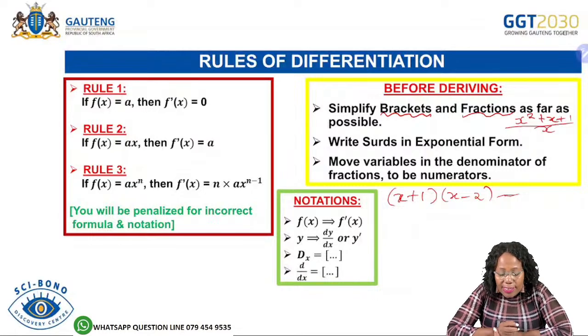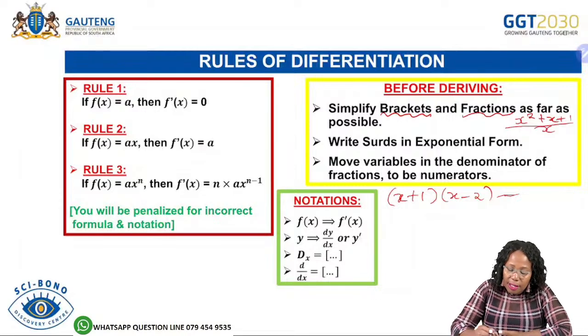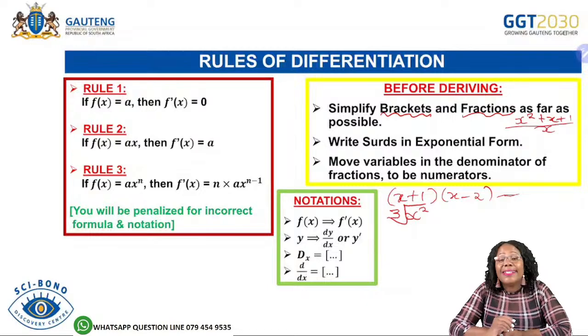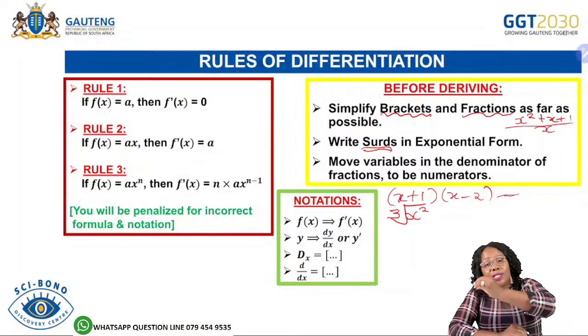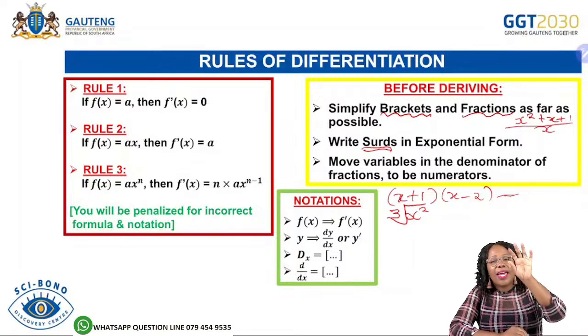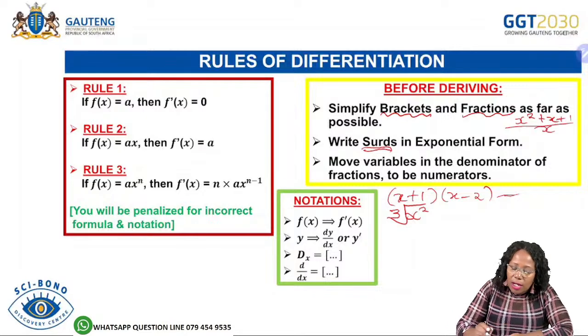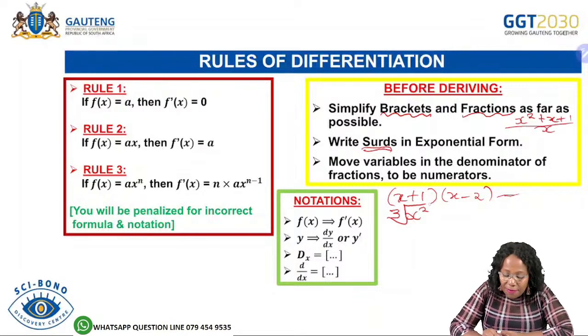The next one says write surds in exponential form. For example, if I'm having the cube root of x squared here, I can't derive this because it's in surd form. A surd is something with a square root sign, a cube root sign, any root sign, okay? And therefore I need to simplify this.